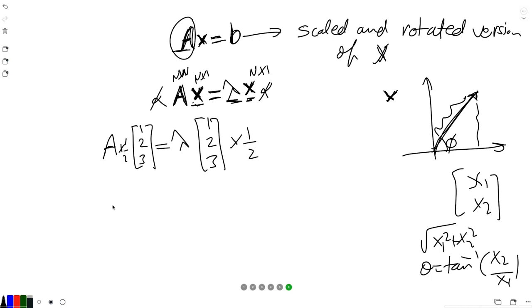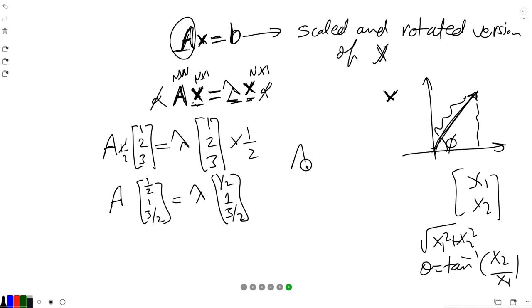We have A times half of 1, 2, 3 equal to lambda times half of 1, 2, 3. If you multiply both sides by 3 or 10 or 50 or -1 or -2, whatever you multiply, it will not change. The same concept is valid. So Ax equal to lambda x is valid regardless of the length of x.